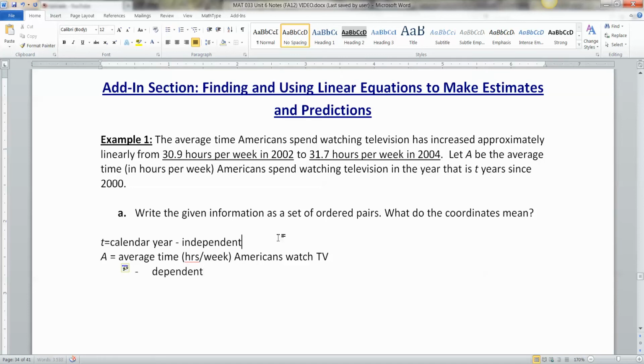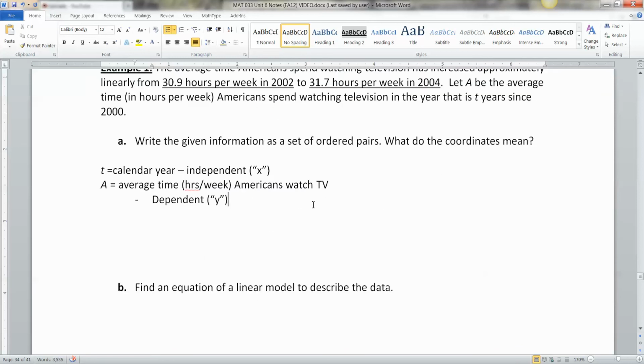So remember that independent is sort of like X, right? And then dependent means it's sort of like your Y. I'm putting it in quotes because it's not the letters we're going to use. We're going to use T and A, but the X and Y are the way that most students usually initially think about these topics. And it is so smart to do a couple things.